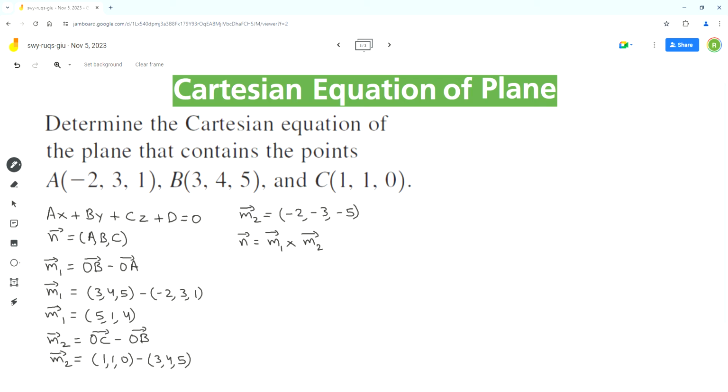The cross product of two vectors is a vector that's perpendicular to the two vectors whose cross product is being calculated. So that's why the cross product of the direction vectors will be the normal vector.